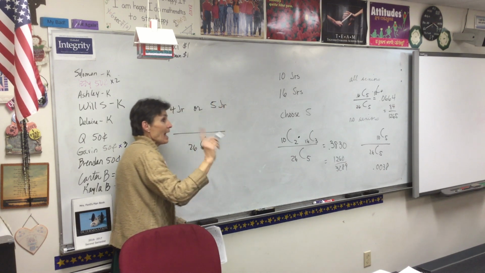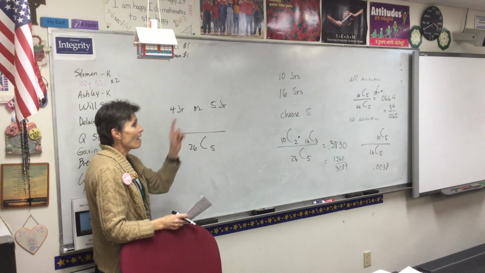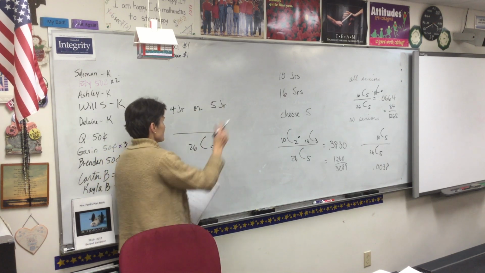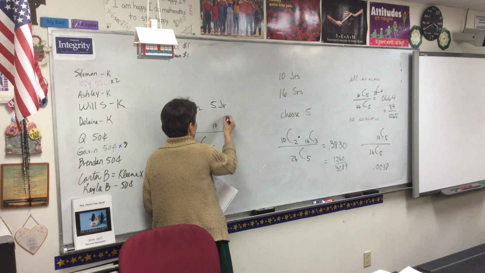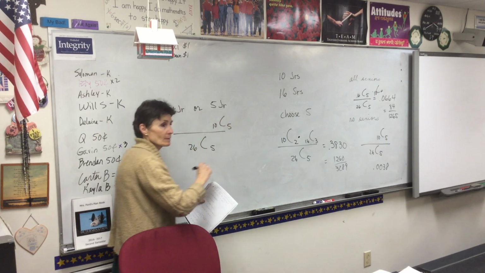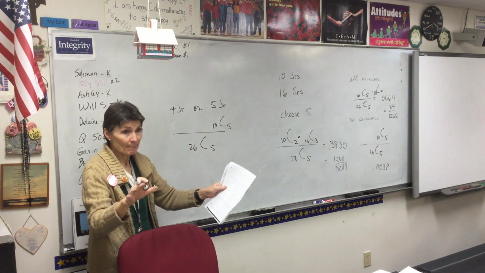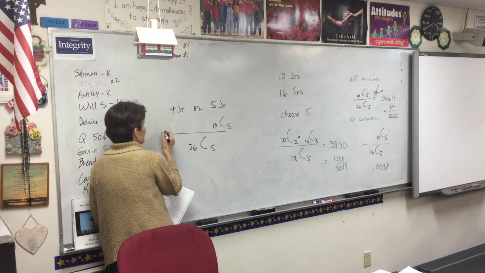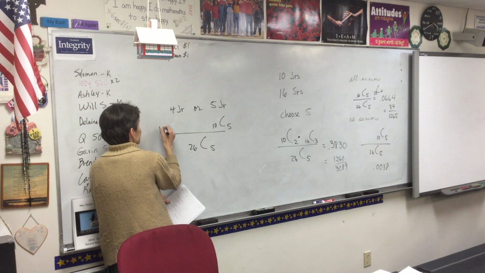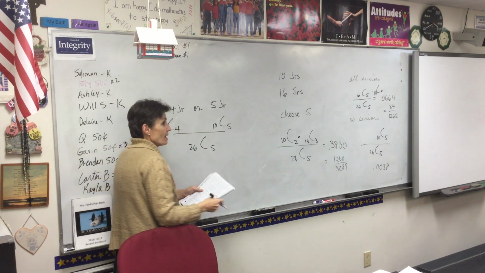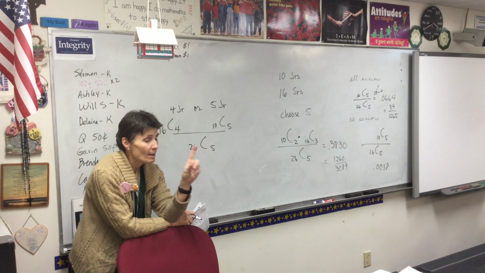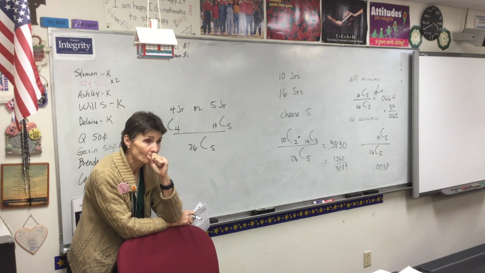Exactly. Now, nobody ever misses this part because everybody will say, oh, 5 juniors, that's 10C5. Period. Everybody gets that part. What happens is on this one, people will say, how many seniors are there? 16C4. That's not enough.